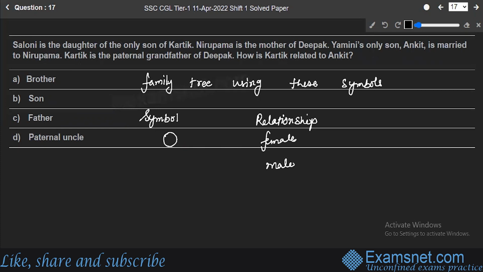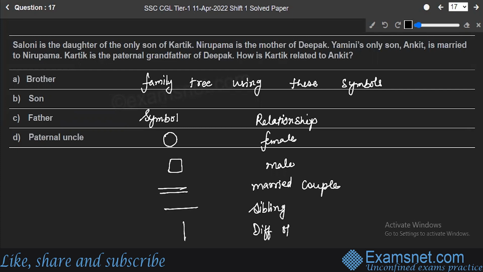A male is represented by a square. Double line represents a married couple. Single line represents sibling. And vertical line, difference of a generation.